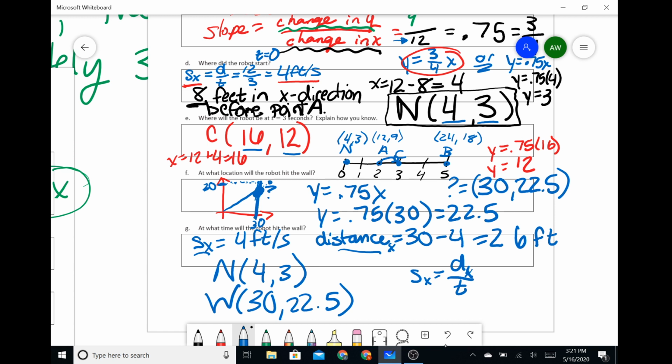Our speed is 4 and our distance is 26. I'm going to zoom in here, scroll up a little bit. So we have to solve this formula, where 4 is equal to 26 over time.